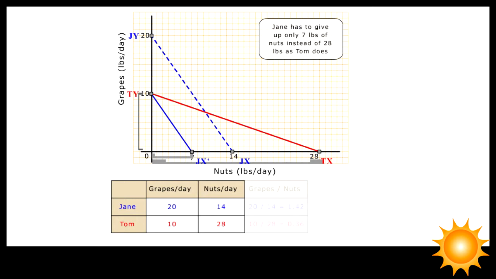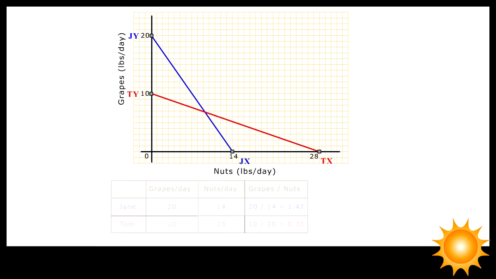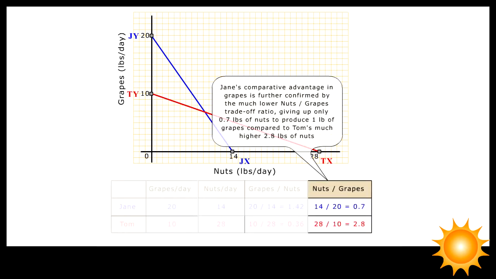Because of Jane's lower relative cost of producing grapes in terms of nuts foregone, we say Jane has a comparative advantage in producing grapes. We can also confirm that Jane has a comparative advantage in producing grapes by computing the nuts to grapes trade-off ratios for Jane and Tom.